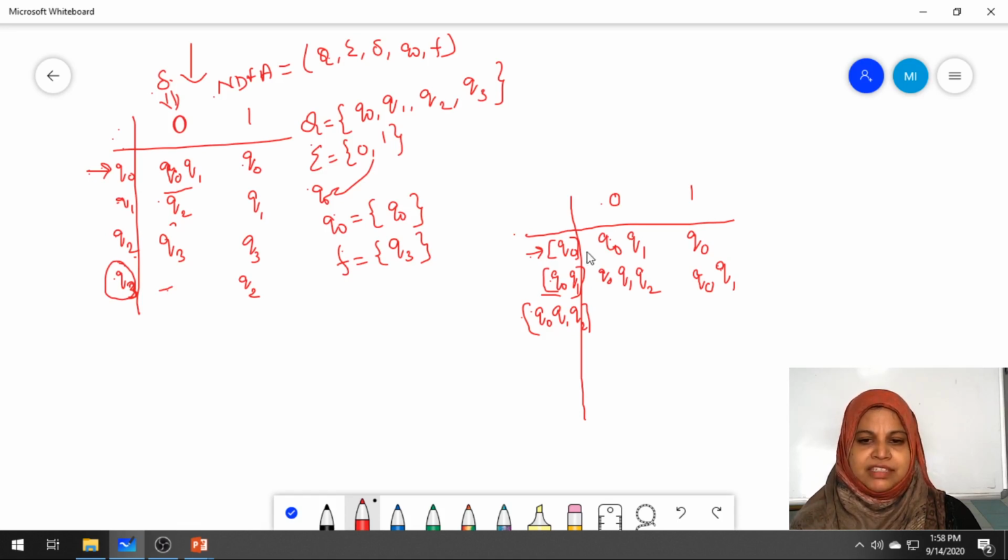Again we have to apply 0, 1 on Q0, Q1 and Q2. Q0 on 0 is Q0, Q1. Next, Q1 on 0 is Q2. Is there any Q2 here? No, so we write Q2.